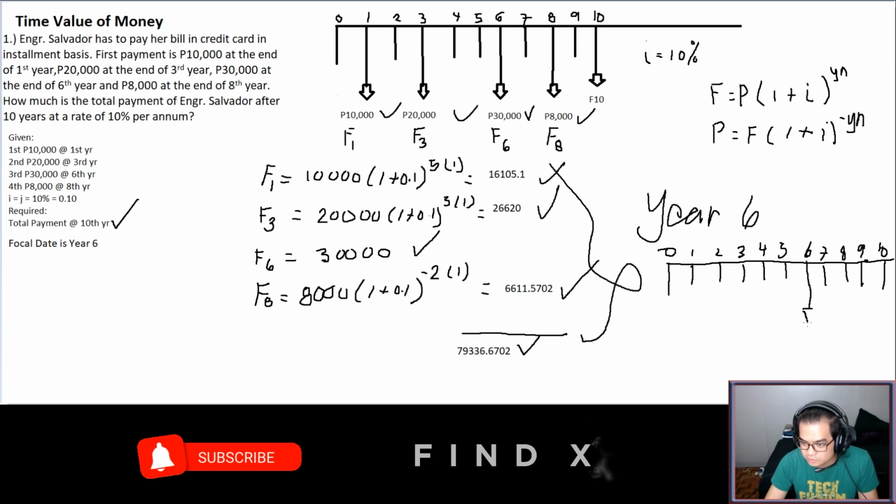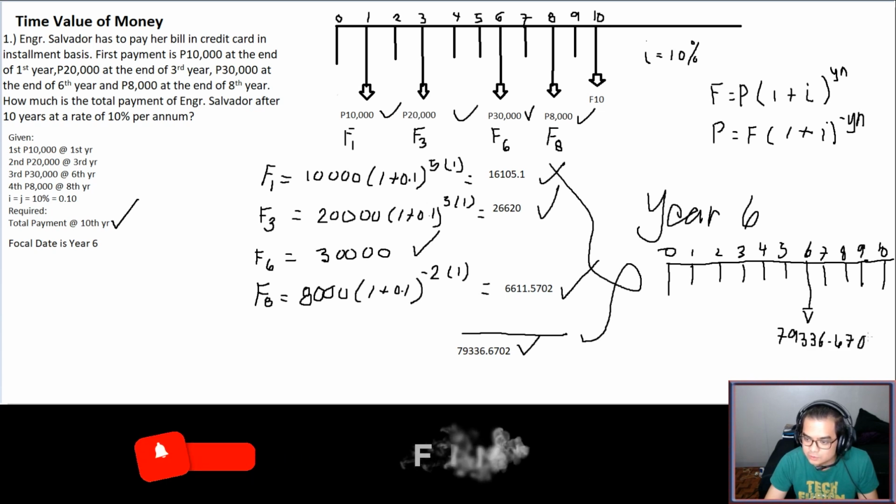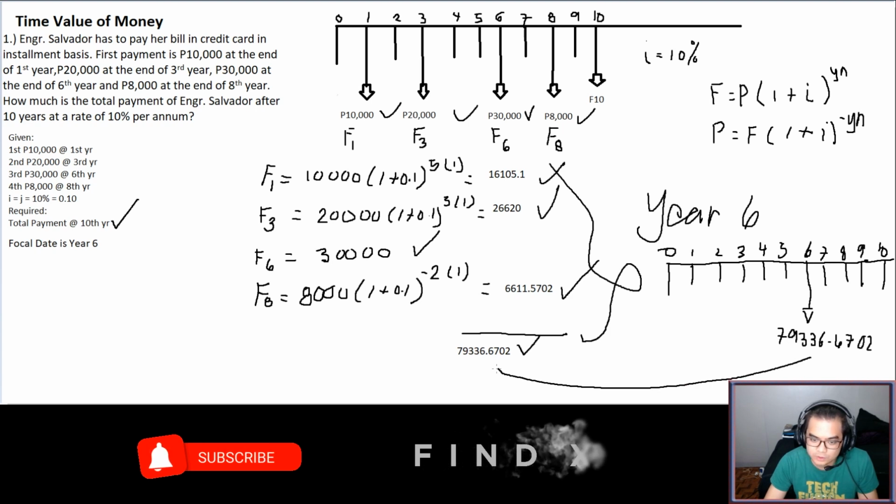So that means this is what the cash flow diagram looks like. We have here a payment of 79336.6702. You will only have a single payment.